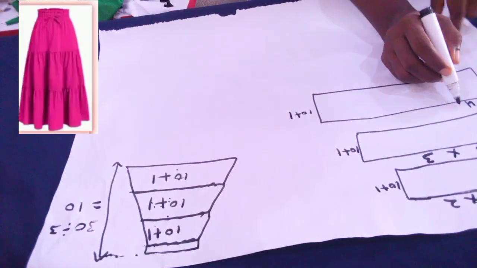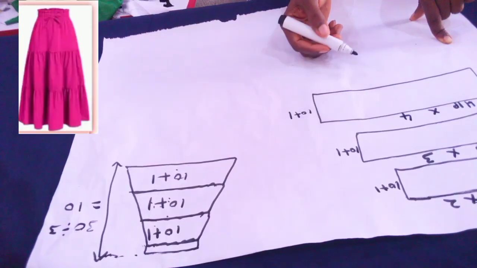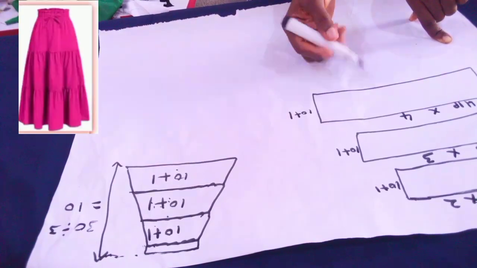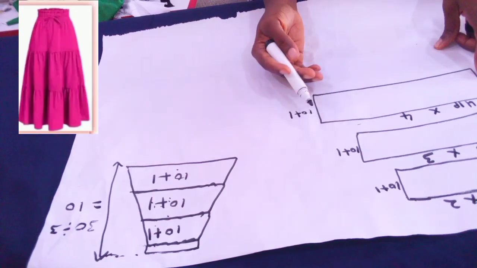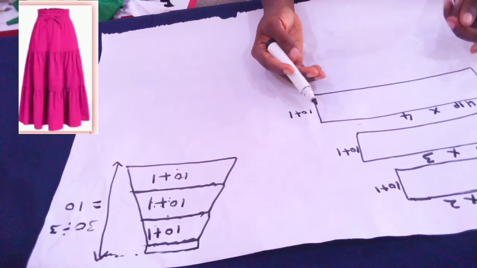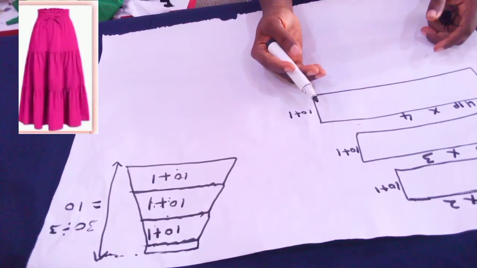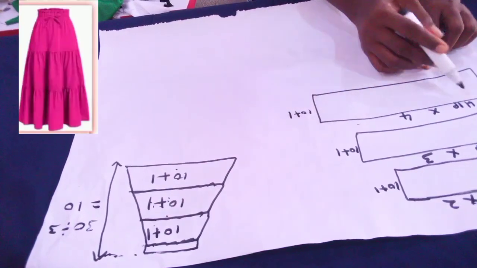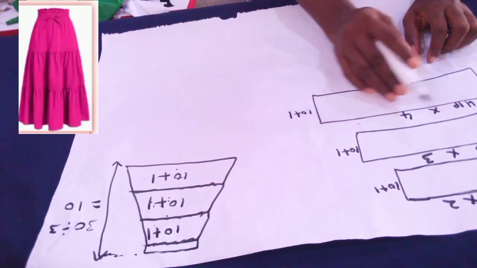Hip circumference times 4 for the third layer. And remember to add your sewing allowance. If you'll be having joining by the 2 sides, you add your sewing allowance. If the joining will only be at the center back, you add your sewing allowance. This is just for the fullness or for the width of the skirt.